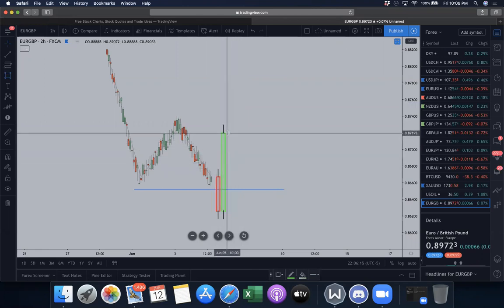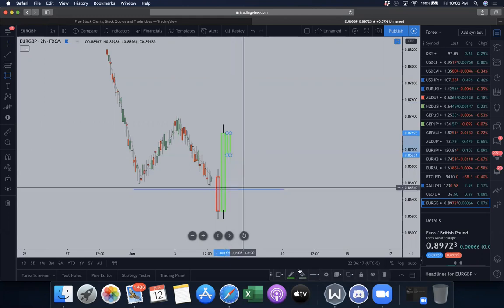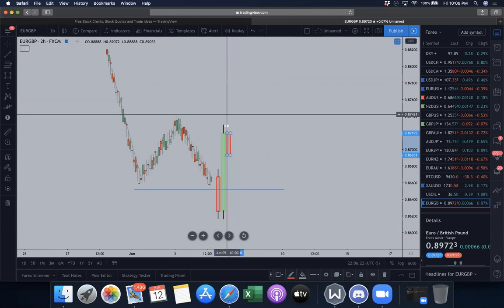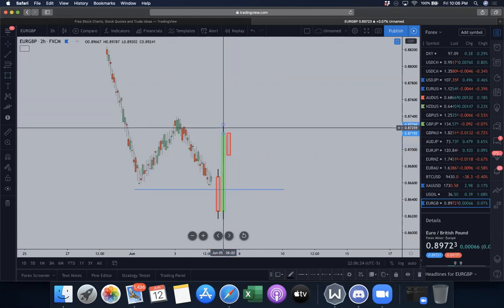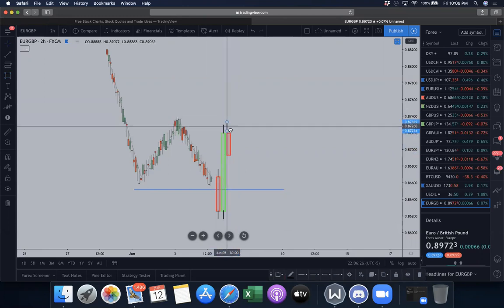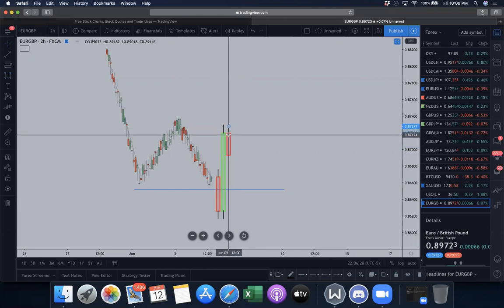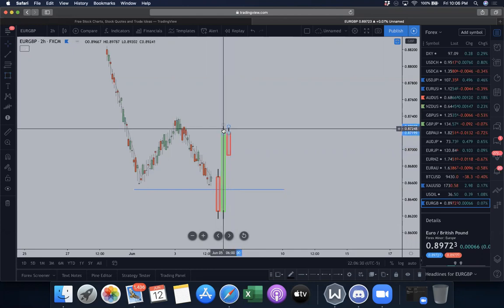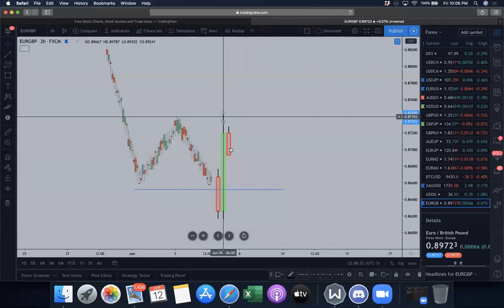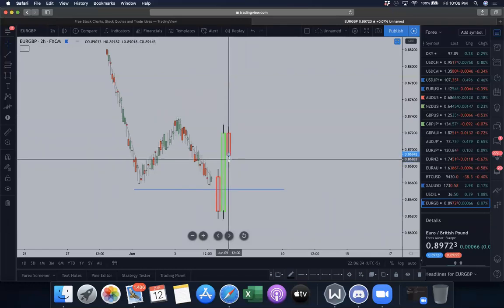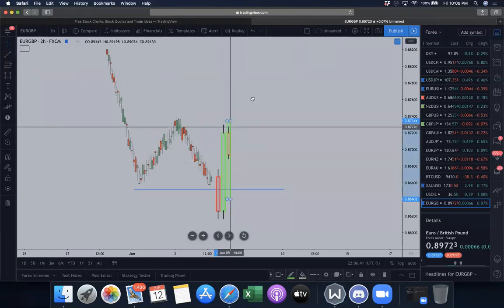Okay, so we might see a bearish candle come down, a little retracement. And then let's go ahead and put some wicks on this one. Okay, so it might look like that. And then let's say it continues back up a little bit more.